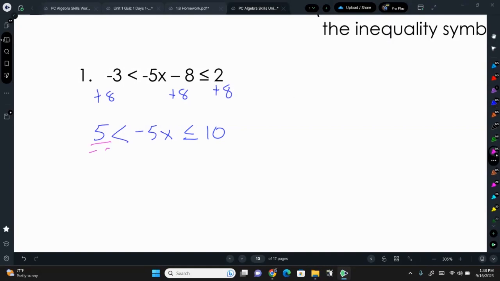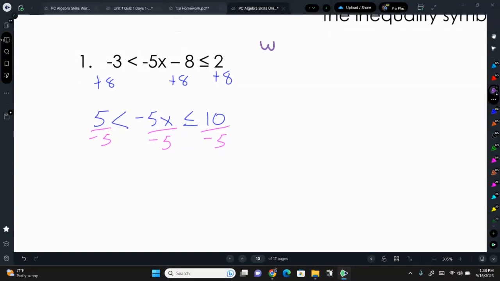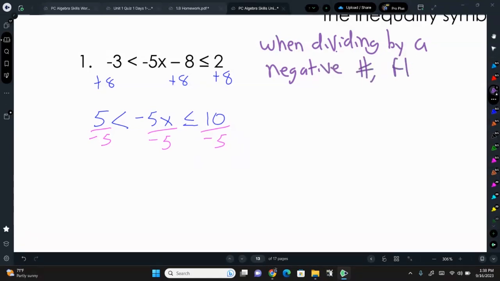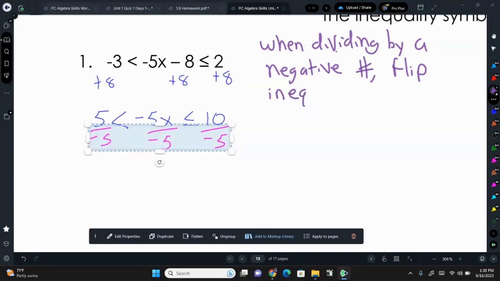Now if you divide everything by -5. When dividing by a negative number, we flip the inequality sign.